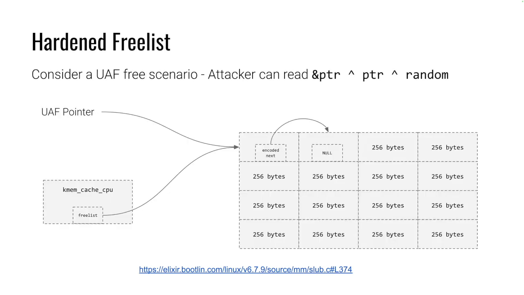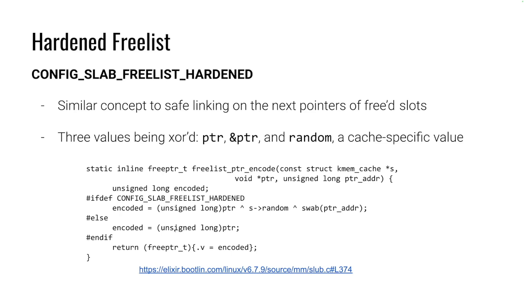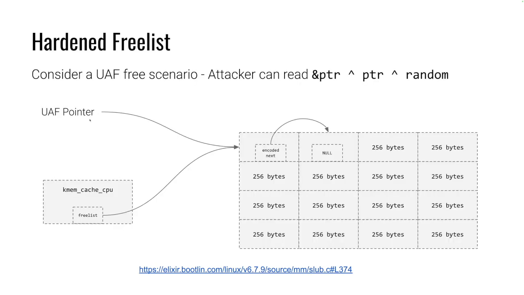So here's our scenario, and the attacker has that same use after free primitive. Well, what can the attacker leak? In this scenario, the attacker can leak the encoded value, which is what we saw right here. The encoded value is the pointer XORed with the pointer's address, XORed with the random value. Not particularly useful.